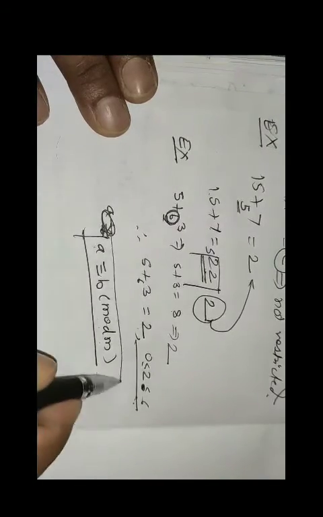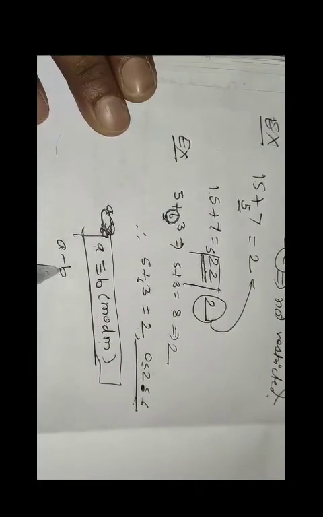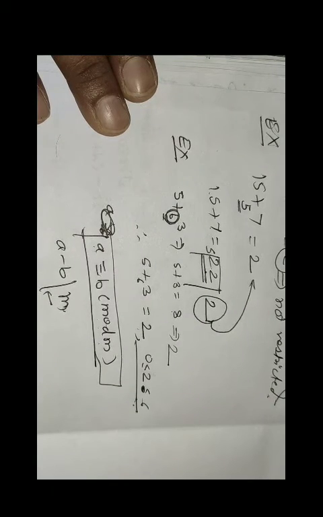Here, a congruent to b mod m means a minus b is divisible by m. Whatever the difference between a and b, m definitely divides a minus b. So this is addition modulo m.